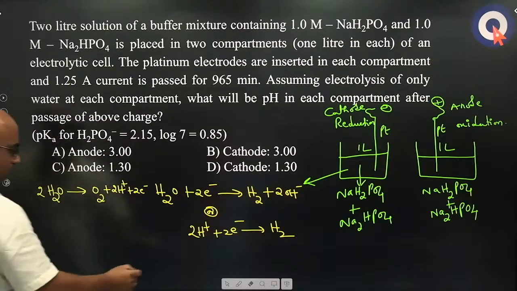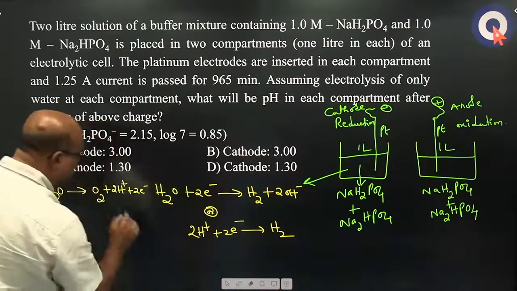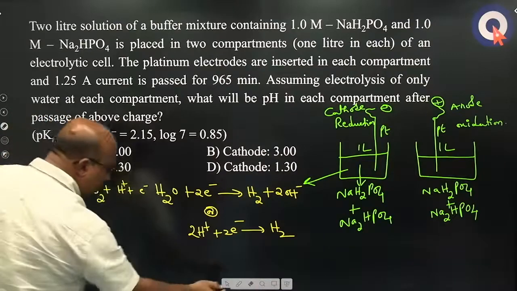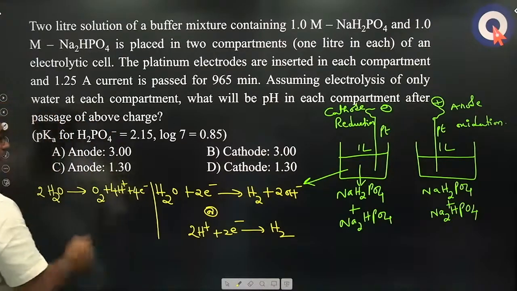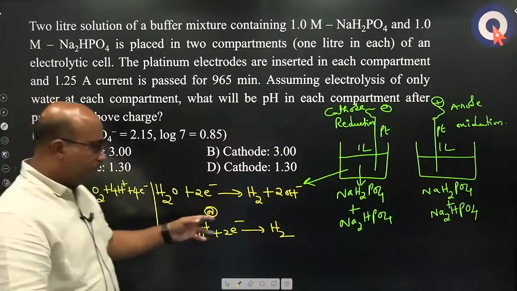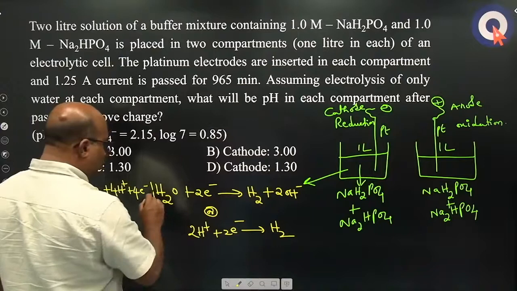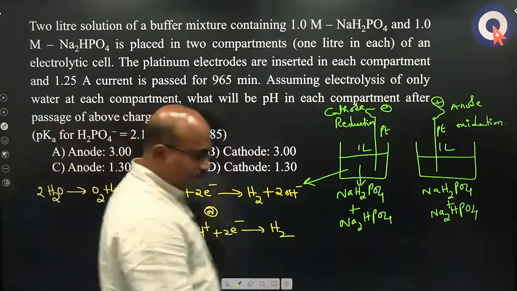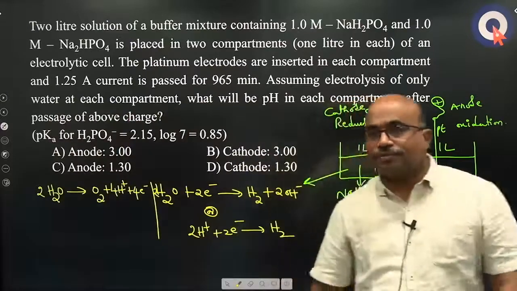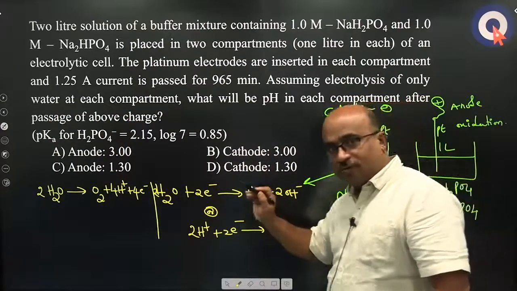So it is 4H plus that will come. So here it is 4H plus and 4 electrons. Clear? So this is oxidation, this is reduction. So here also if you want to balance it, you can balance it. So this is 2H2O. So reduction of water is nothing but H plus.